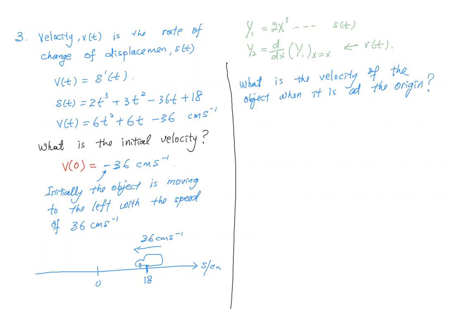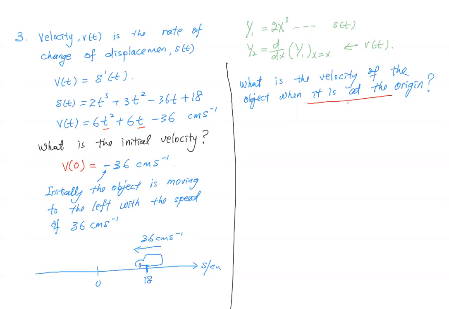So what am I going to do? If you want to find velocity, you must have the time, am I right? Because all this function is in terms of time. So how to find time? So what does this mean? When it is at the origin.